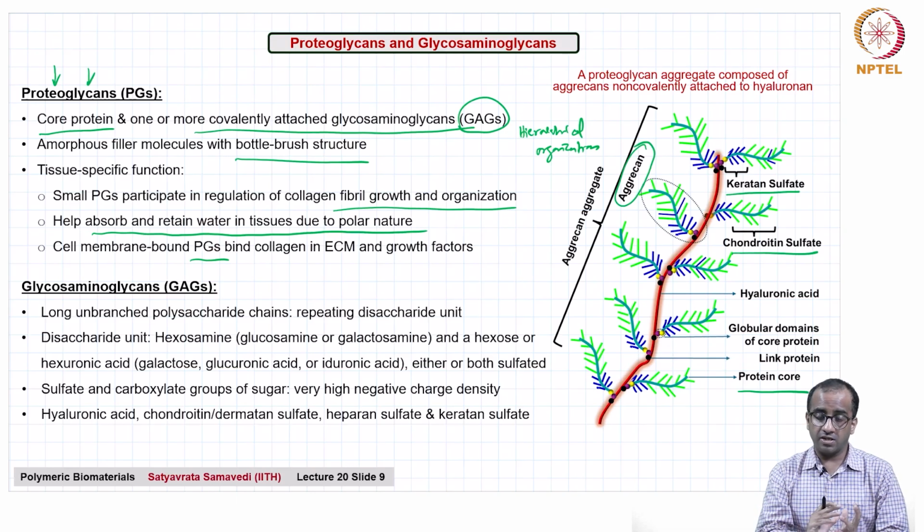So, it includes both a protein core and a polysaccharide set of chains which are largely negatively charged. Of course, here you also see another level to the hierarchical organization where all these are now non-covalently attached to the hyaluronic acid or hyaluronan chain.